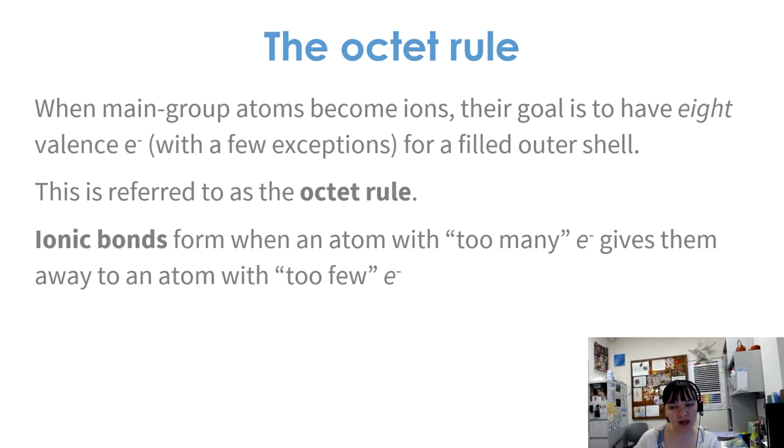So maybe one of those types of atoms is going to give their extra electron to an atom that has just under that 8. So thinking about chlorine or bromine, where they have just one electron short of a noble gas. If they can pair up and find an atom that is looking to give away an electron, then those two are going to be happy with one another.